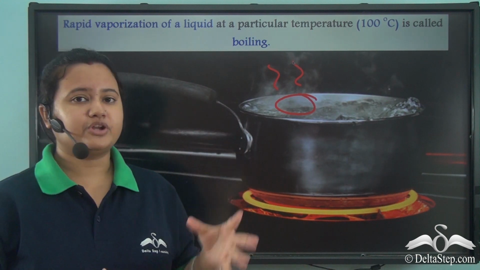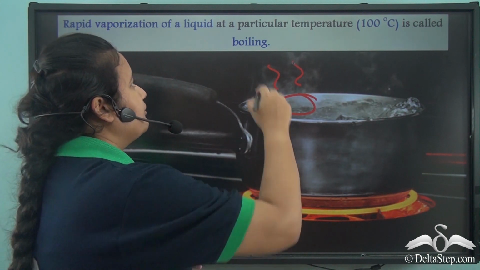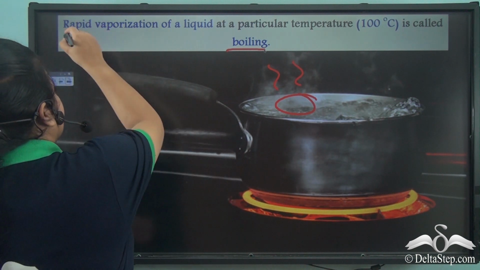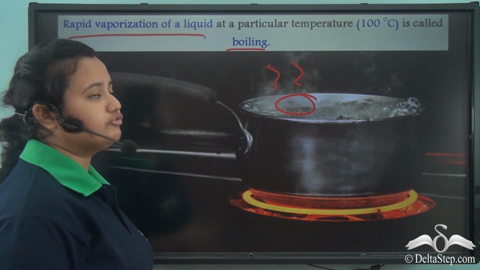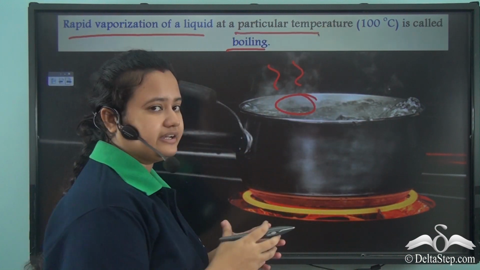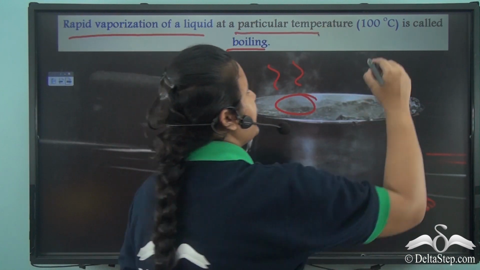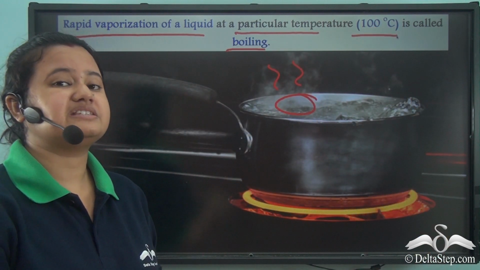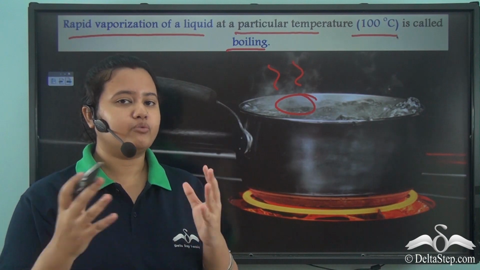So this process is known as boiling. Boiling is the rapid vaporization of a liquid at a particular temperature, and the temperature is usually 100 degrees Celsius. So 100 degrees Celsius is the boiling point of water.